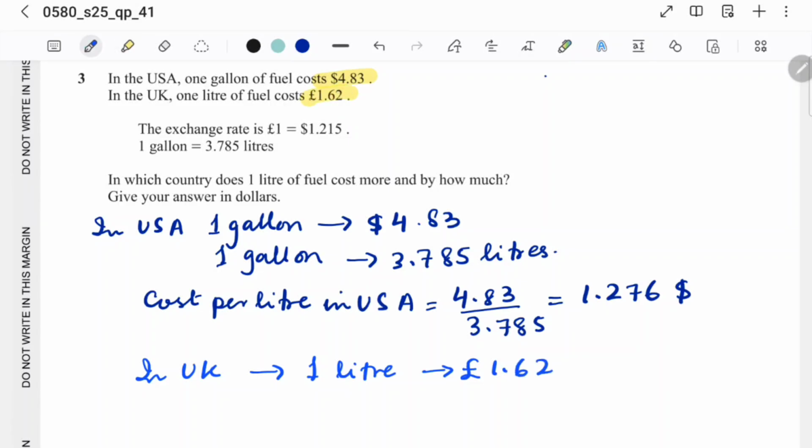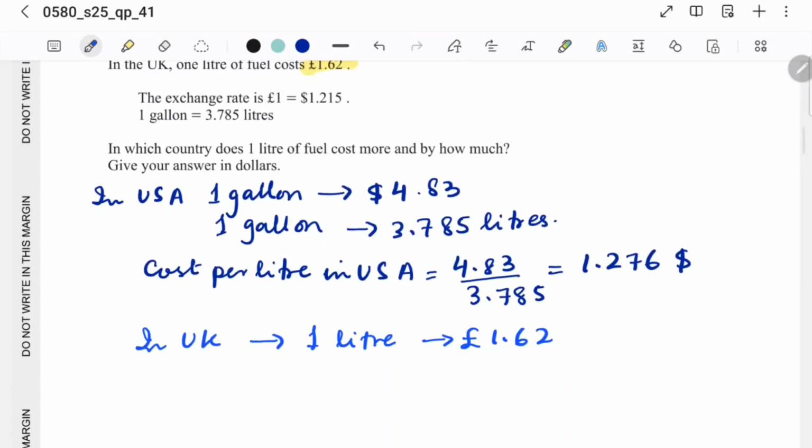The exchange rate is already given, so we have to use it here. 1 pound is equal to $1.215, and we want to find the cost per liter in dollars.